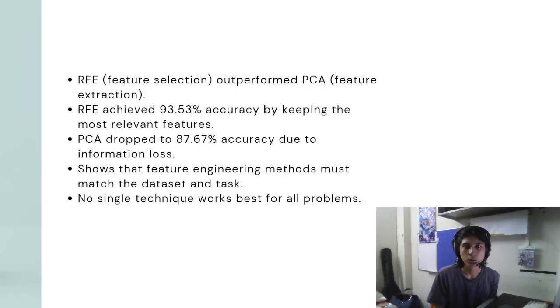In conclusion, this project showed that feature selection using RFE performed much better than feature extraction using PCA for this dataset. RFE improved the neural network's accuracy to 93.53% by focusing on the most relevant features, while PCA reduced the performance to 87.67% due to information loss.